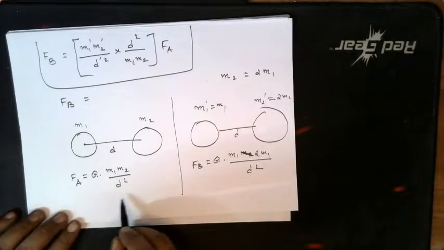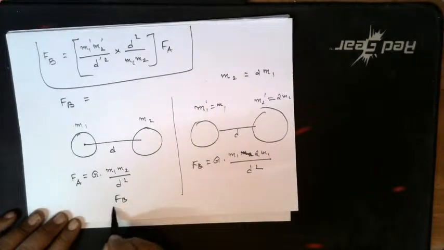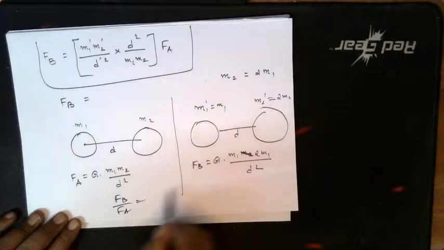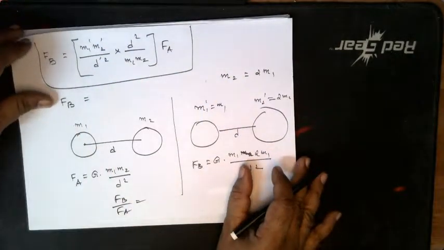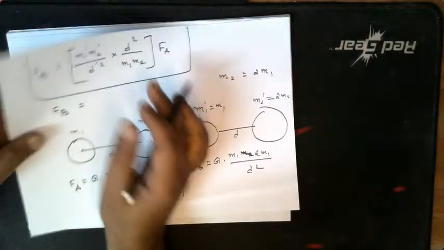So FB by FA is equal to, G cancels. You can substitute this equation straight away, since we already derived it.